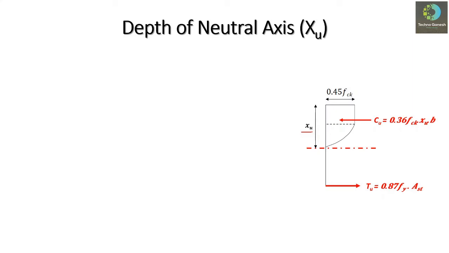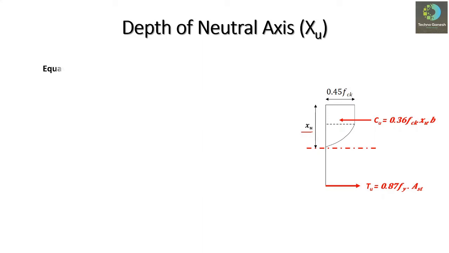For a balanced section, as we know, the strain in concrete and the strain in steel reach their limits at the same time, so the maximum stress in concrete and stress in steel also reach at the same time. To find the depth of neutral axis, we are going to utilize this concept.